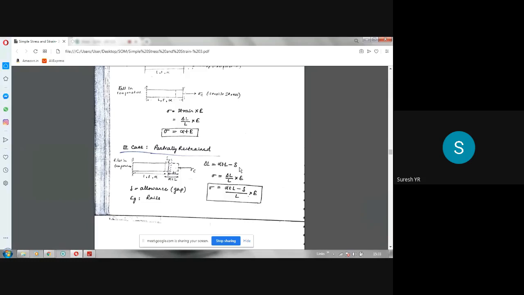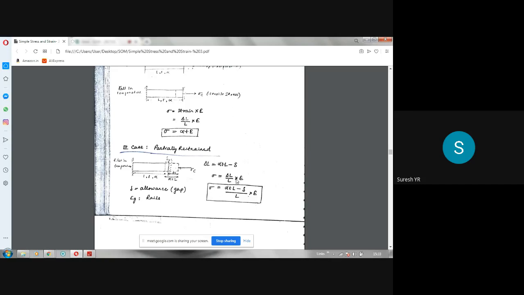This is the relation. You can see the diagram. Delta L is from the fixed end to this. Alpha TL minus delta gives the value of delta L. If you simplify this, we know that stress is equal to strain into Young's modulus, the same relation that holds good for any elastic material.